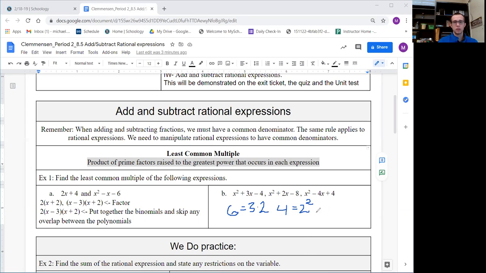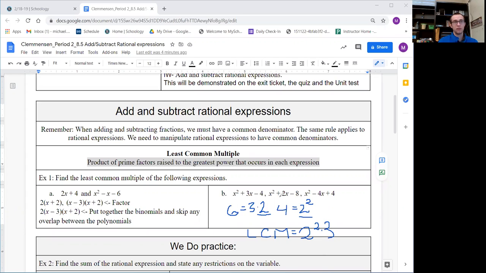So when I'm looking at this, based on my definition, I'm going to take all of the factors, and I'm going to only include the one if they're matching with the highest power. Right? So this only has a 2 in this case, and this one has a 2 squared. So in the least common multiple, LCM, I'm going to use a 2 squared. So that's raised to the higher power. And I also have this 3, so I'm also going to multiply it by the 3.